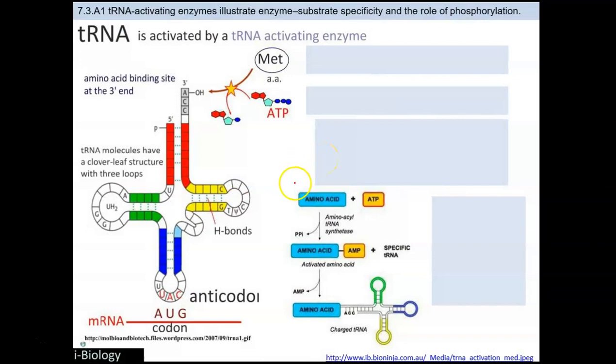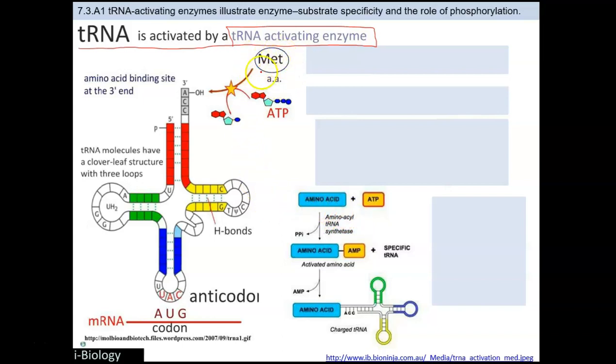So here is the tRNA structure. The thing that you will need to learn about the tRNA structure is that the tRNA is activated by a tRNA activating enzyme. What does that mean? Look at this diagram here. The amino acid here is methionine.